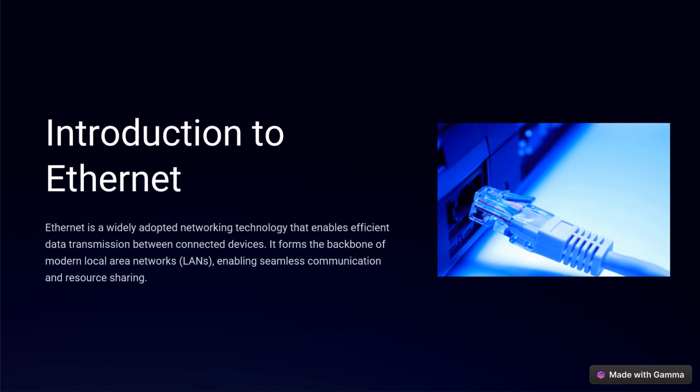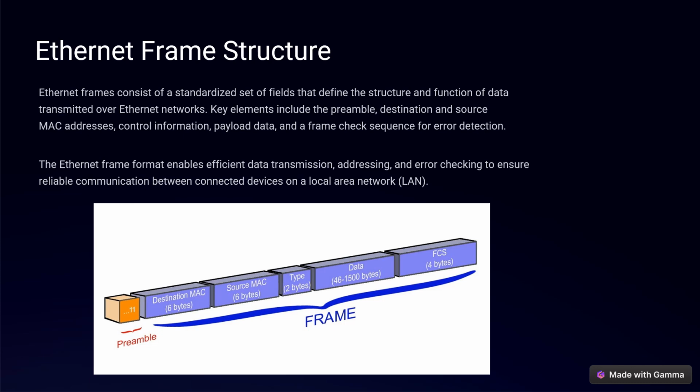Now let's know more about the Ethernet frame structure or data packet. An Ethernet frame is like a package of data sent over an Ethernet network. In the slide, you can see the different components present in an Ethernet frame. The first component is the preamble. It is 7 bytes and used to synchronize the communication timing between devices.